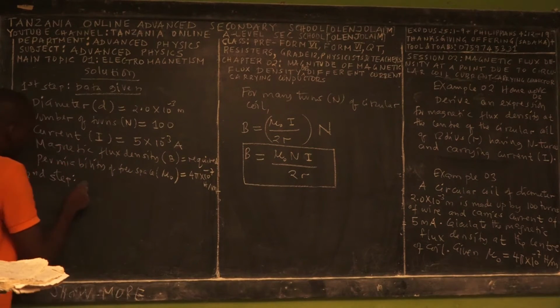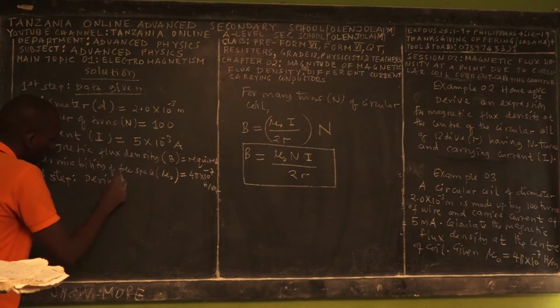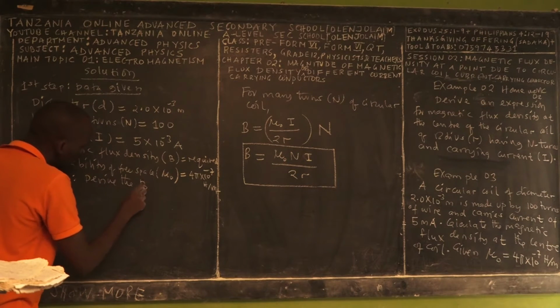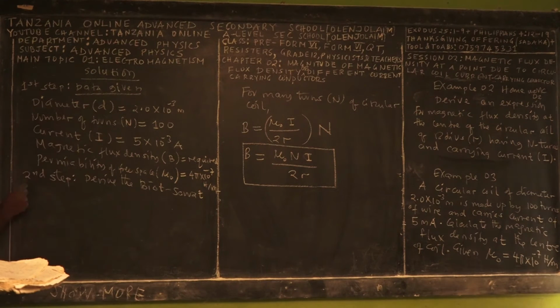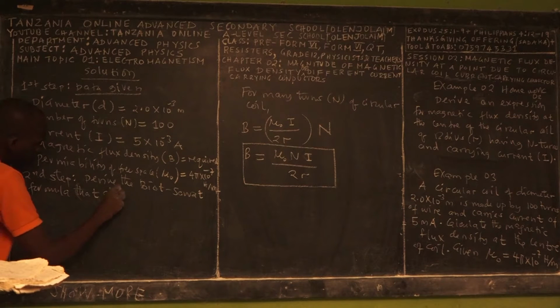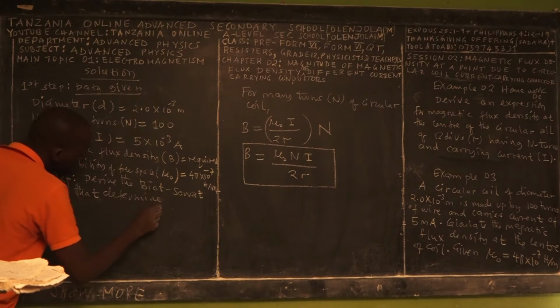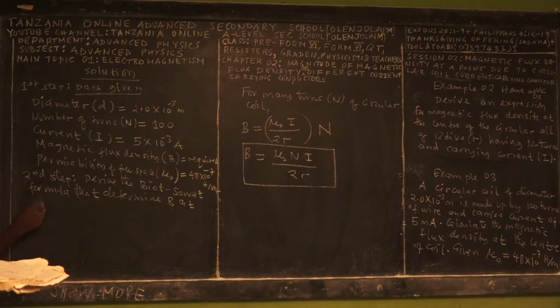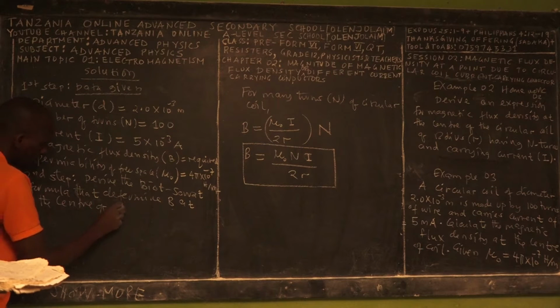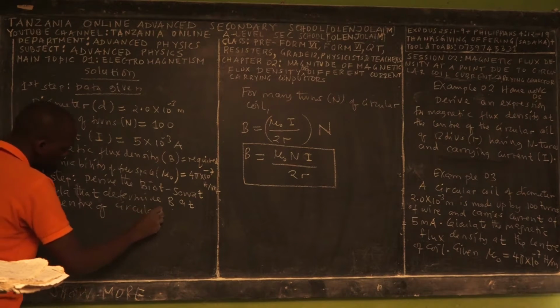So the second step: derive the Biot-Savart formula that determines the magnetic flux density at the center of the circular coil.